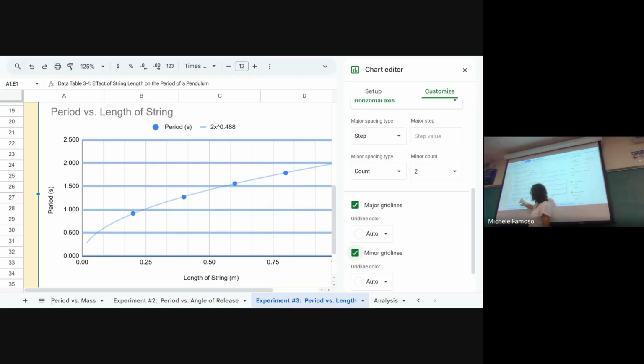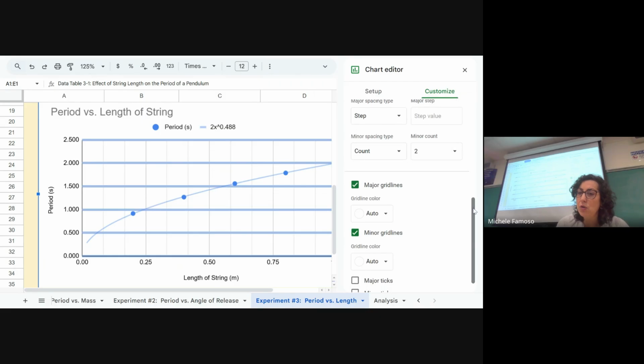I'm only seeing 2. So I have 1, 2, 3 divisions to get me to 0.25. That's not a nice, easy scale. And it's still very difficult to read off what that value would be right here. So we can add more of those grid lines by making a change. Come up here. You see it says minor spacing type, the count, and the minor count. We're going to leave this to count, but over here, we're going to say how many grid lines we want.